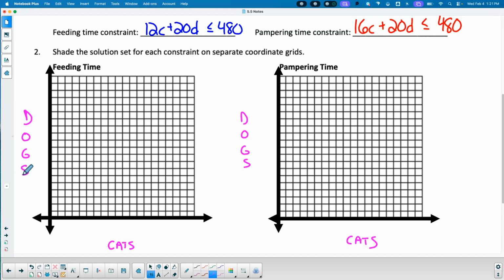Do we want to graph them by getting it in y equals mx plus b form? Or do we want to get the x and y intercepts? Intercepts? Okay, all right. So if I'm dealing with this first one in intercepts, then I would go 12C equals 480. So C would be how much? 8?